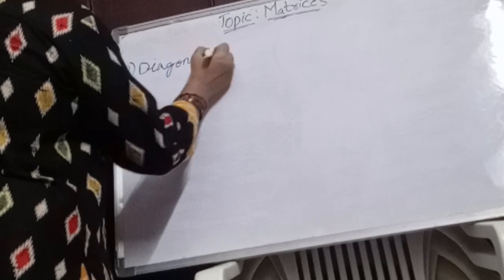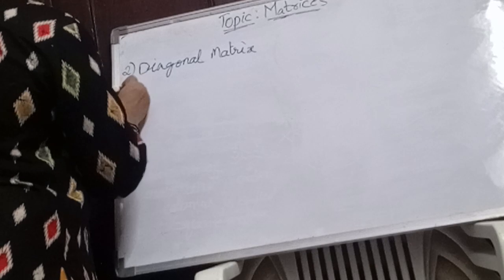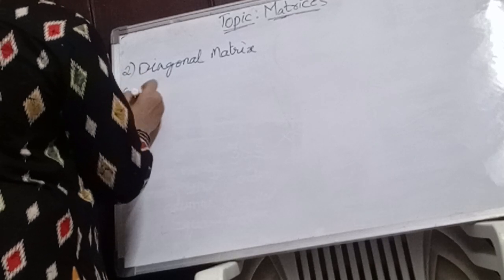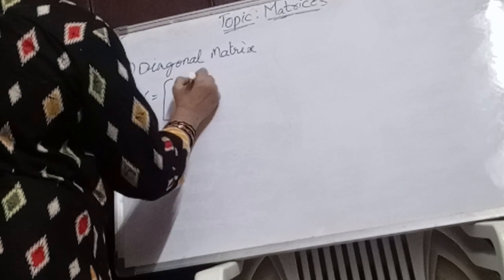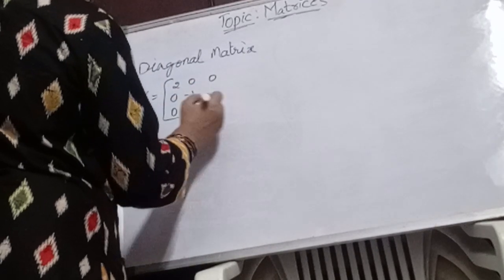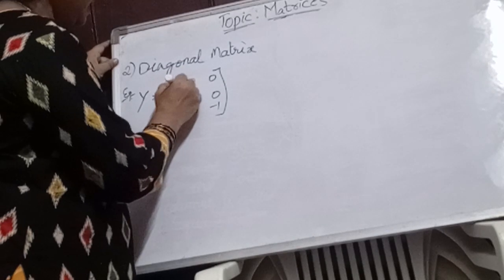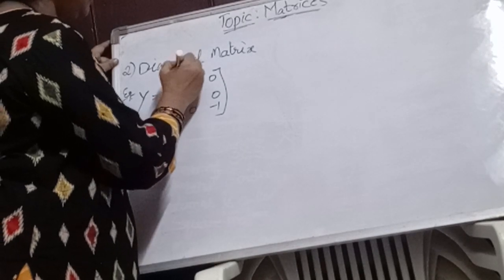The second type is the diagonal matrix. Let us take an example directly: 2 0 0, 0 minus 1 0, 0 0 minus 1. What do you observe here?